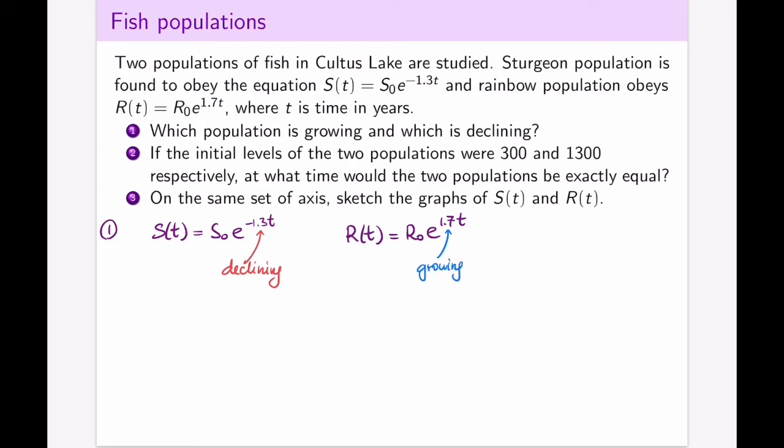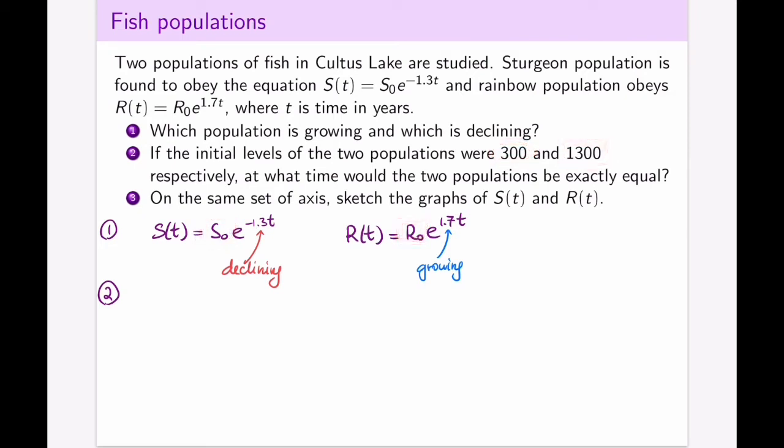The next part is giving us the initial levels for both populations, 300 for the sturgeon and 1300 for the rainbow trout, asking at what time the two populations would be exactly equal. So first of all, we match the initial levels to our constants in the equations: 300 for S naught and 1300 for R naught.